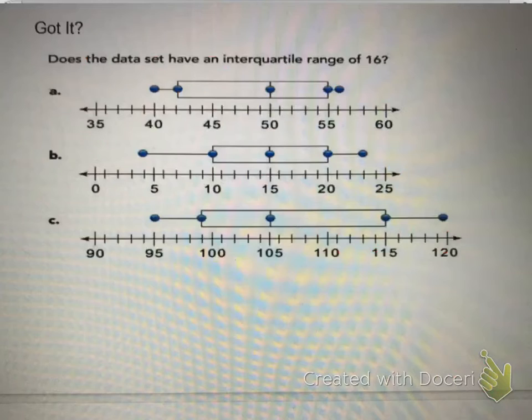So let's look at some examples here. We've got some box plots in this example, and it asks, which data set has an interquartile range of 16? In order to figure that out, we need to look at the middle 50% of the data. So that's going to be this part right here.